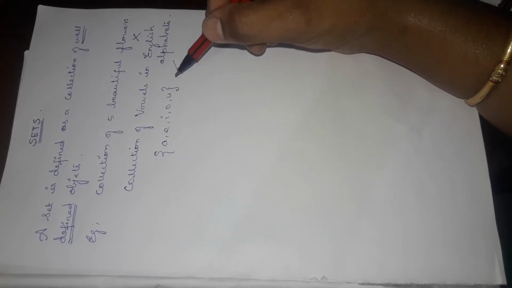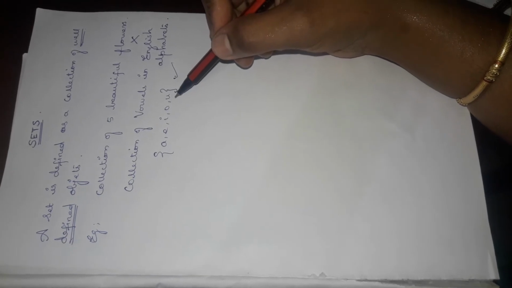Here the statement is well defined. If I state this to anyone, the collection will be A, E, I, O, U only, right? So this is called well defined. A set is defined as a collection of well-defined objects. So it is not only a collection of objects, but it should be well defined. If it is not well defined, then it won't become a set, right?